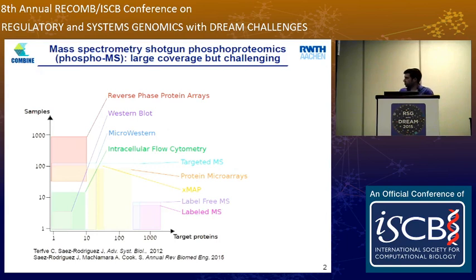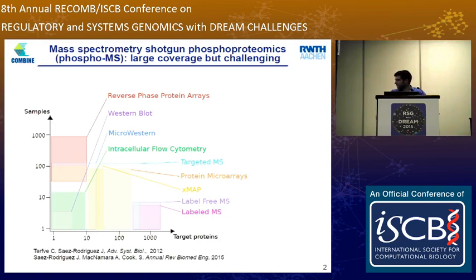Many of them are based on antibodies, and these are powerful technologies that allow you to measure many different proteins under many conditions, but they're limited by the fact that you need a good antibody to measure the protein of interest. In contrast, mass spectrometry technologies allow you to measure many more proteins, in principle up to thousands of proteins, because you're not restricted to having an antibody.